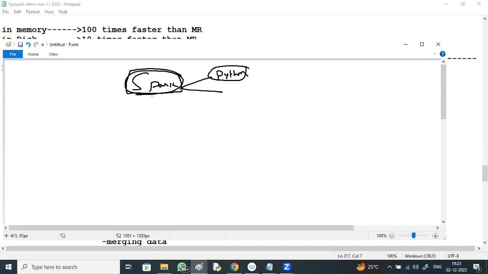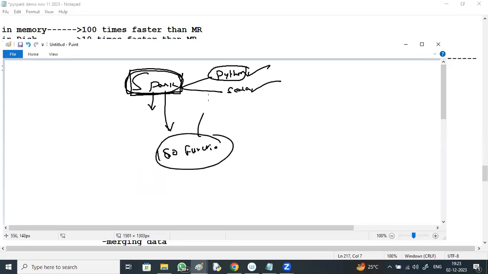Spark has many built-in functionalities, and those will be the same. If there are 100 functions, all 100 will be the same in Python and Scala. But the language or coding is going to differ.